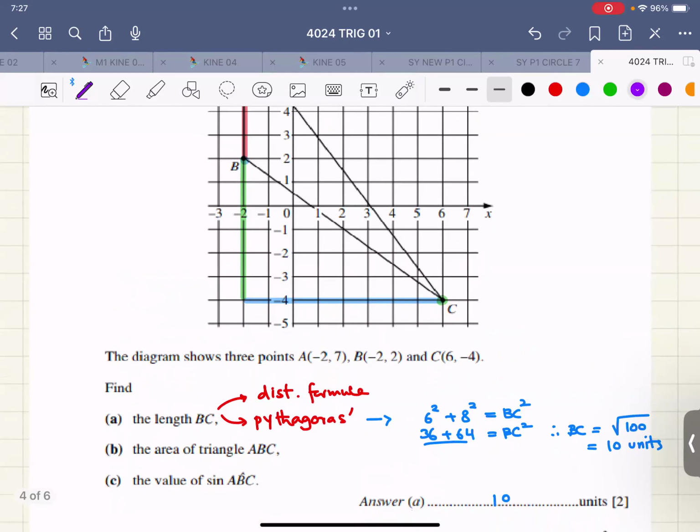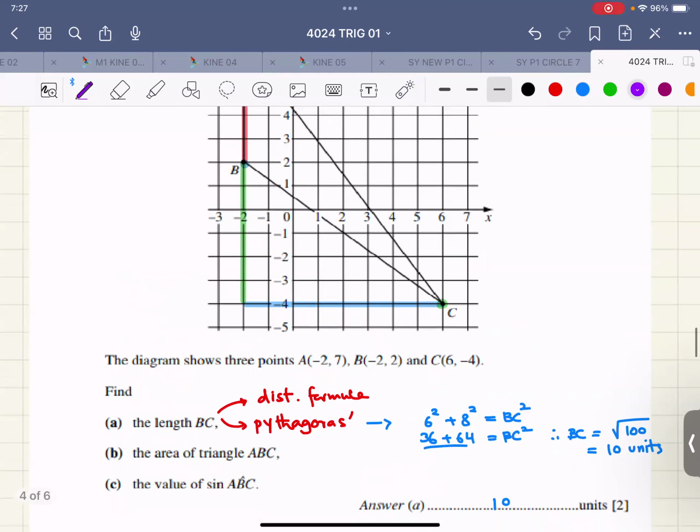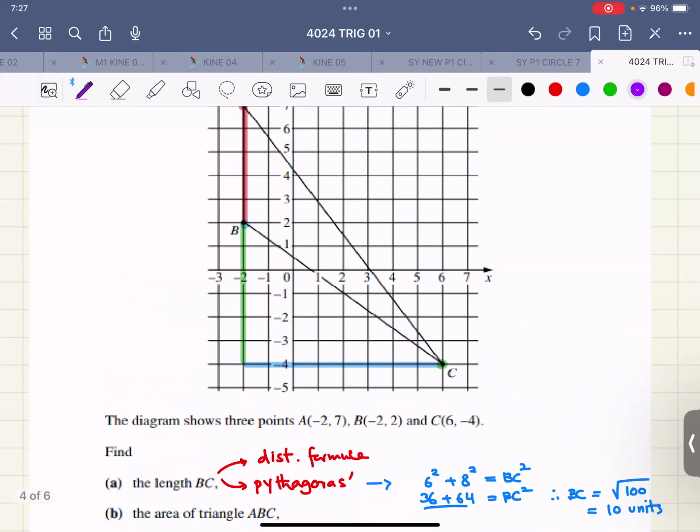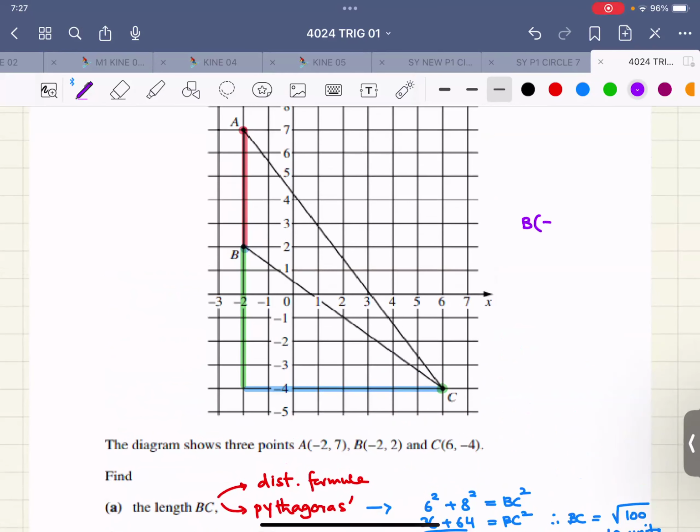If you are interested in using the distance formula, the coordinate of B is negative 2, 2. C is 6, negative 4. Therefore, BC, the magnitude, the length of a line, is minus 2 minus 6 whole square. That is x2 minus x1 whole square.